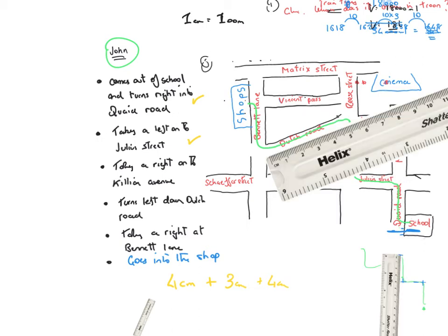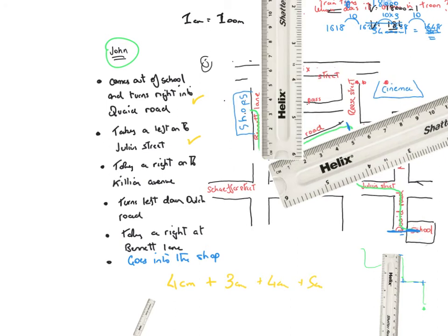Okay, he then travels down Dutch Road, and we can see that that's another 5 centimetres, so let's add that on. And then finally, another 3 centimetres to get to the shops. Okay, so in total, let's add that up then.